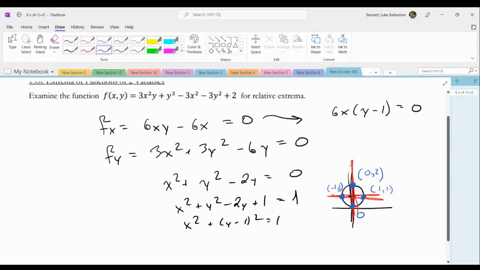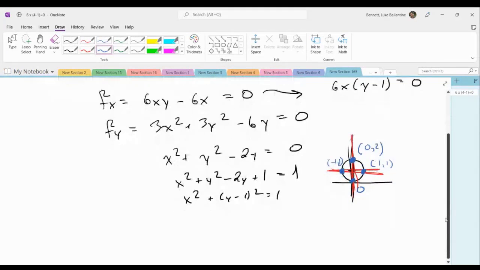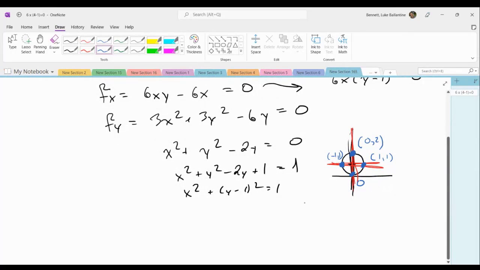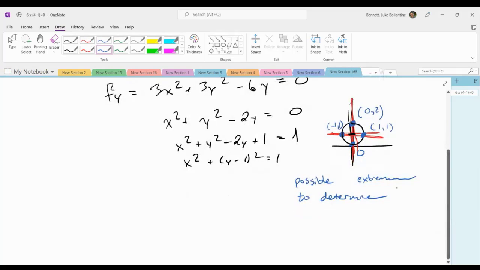And then these are possible extremum. To determine if and what type, you need the discriminant.